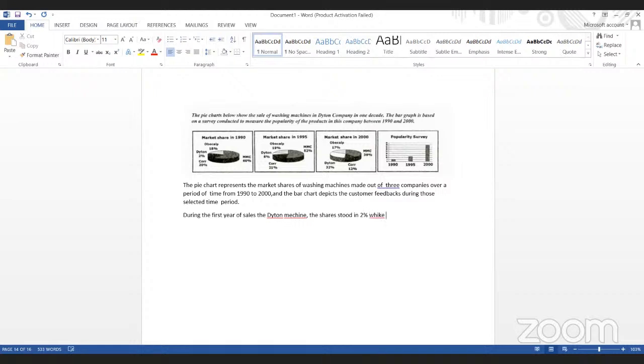While MCC stood with 60% as the highest during that time.